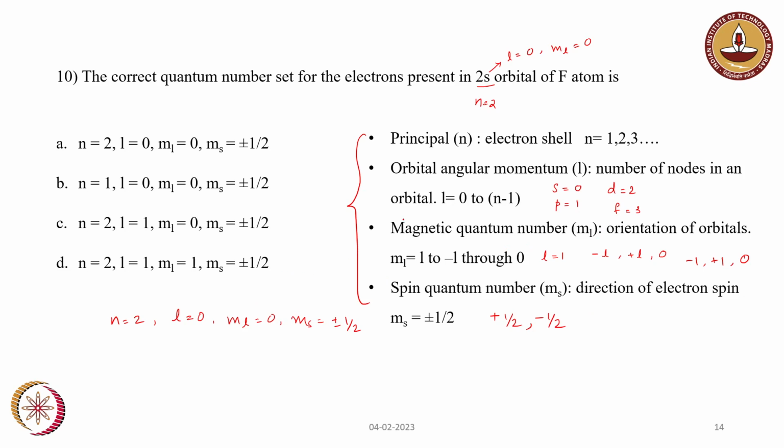So here, given 2s, n will be 2, L is 0 for s orbital, ml will be 0, and ms is plus or minus half.